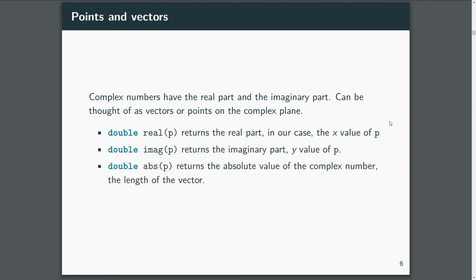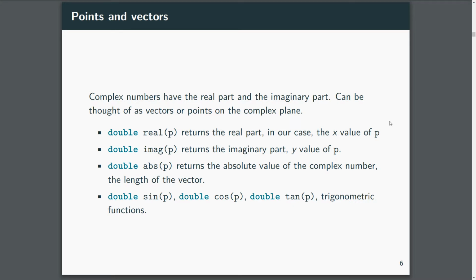Then we have the function abs. This will return the length of the vector.